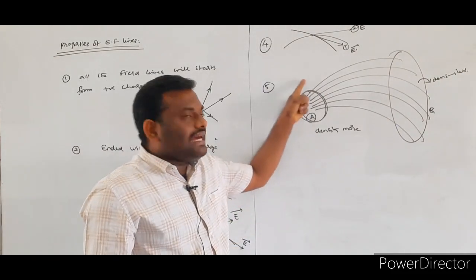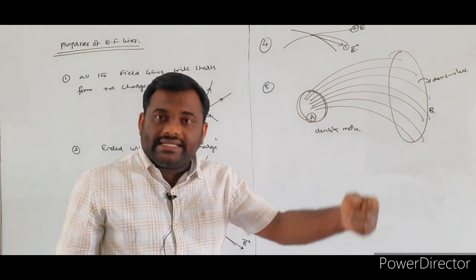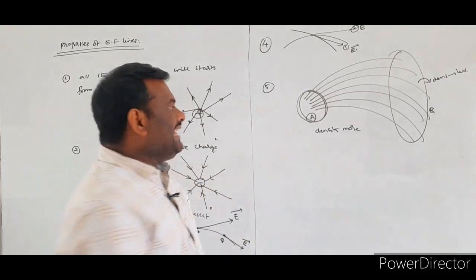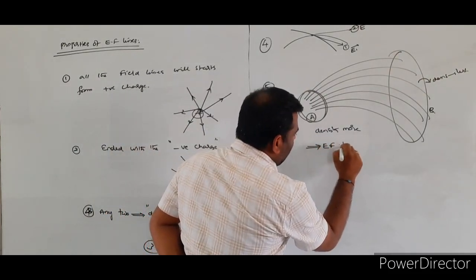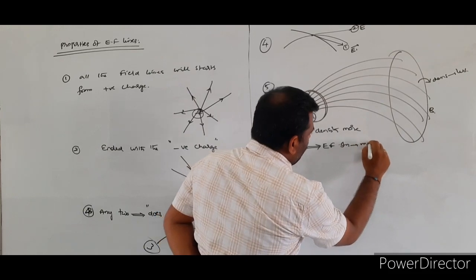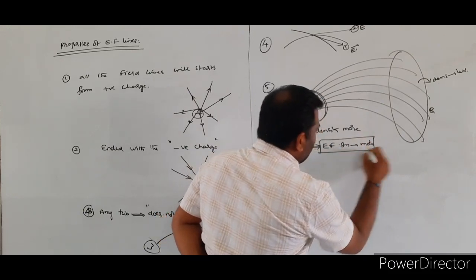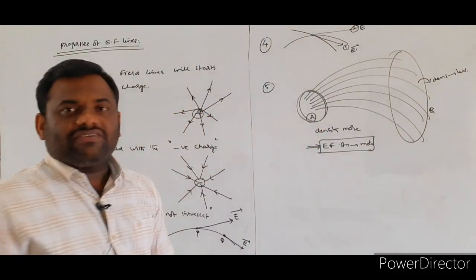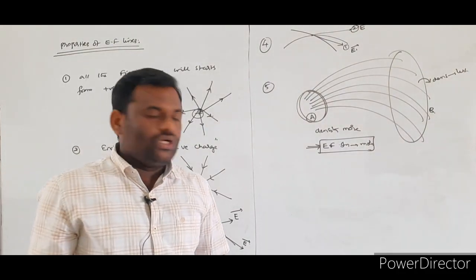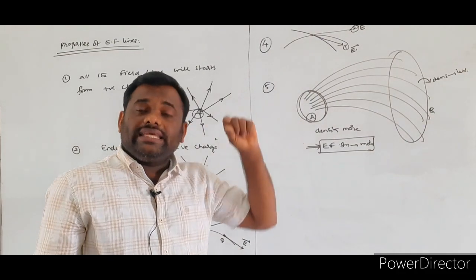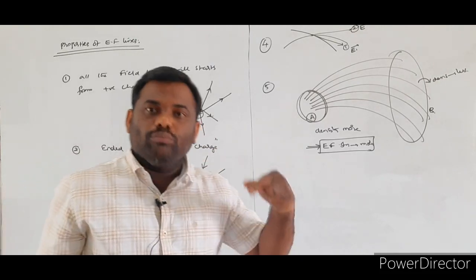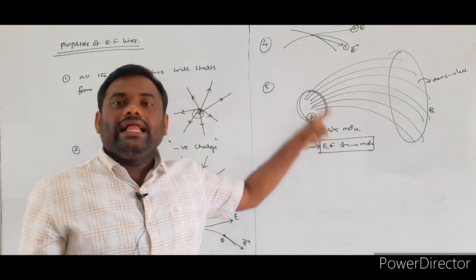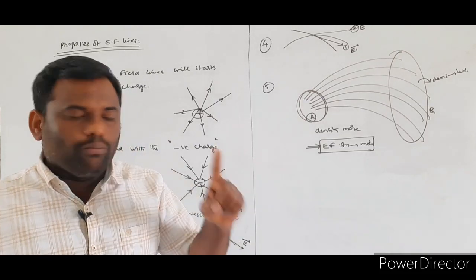So the region where the field line density is more, in that region the electric field intensity, or electric field strength, is also more. So what we are saying here is, in a region where the electric field line density is more, in that region the electric field intensity is more.